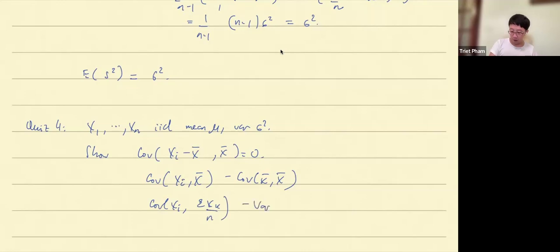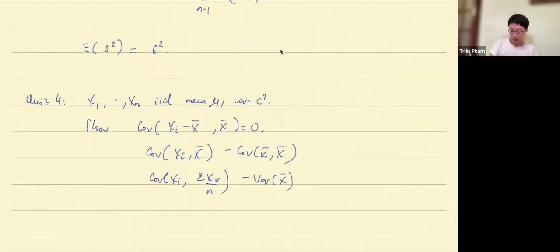And then this, of course, is just the variance of x bar. And now you use the bilinear operation again. But you see, this is a sum over all k of covariance of xi and xk over n. And variance of x bar is, of course, sigma squared over n, which we calculated above.